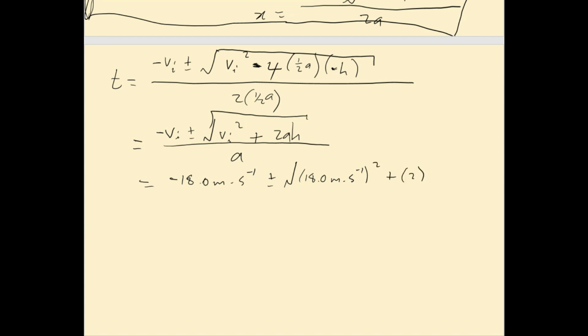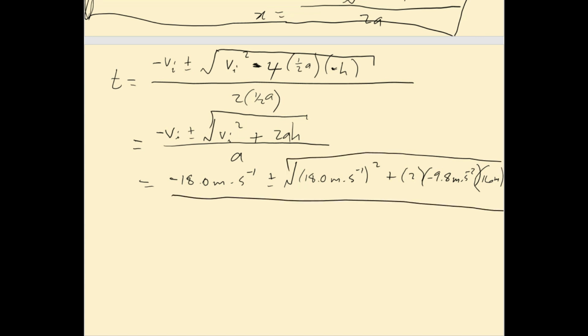Now remember, acceleration is g, which is negative 9.8 meters per second squared, and h is 16 meters, just about. And now let's close the square root. Remember acceleration, which again is negative 9.8 meters per second squared. So we're going to need a calculator here.